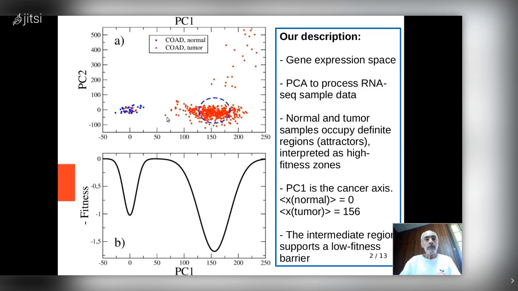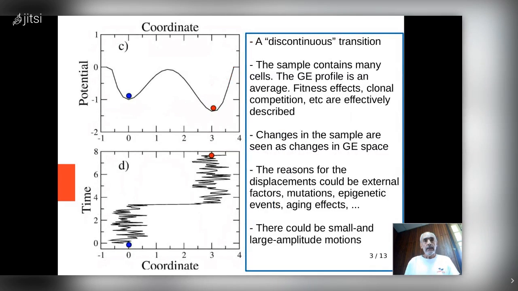And we start. Okay. This is a conceptual picture. The transition is seen as a discontinuous transition.